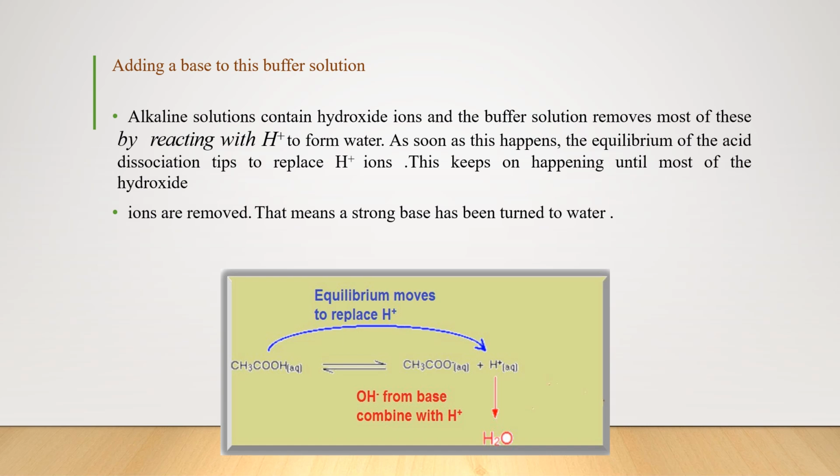This keeps happening until most of the hydroxide ions are removed. Here is the picture of the equilibrium state. The equilibrium moves to replace the H plus ions, and the H plus ion combines with the OH minus ion to liberate water.